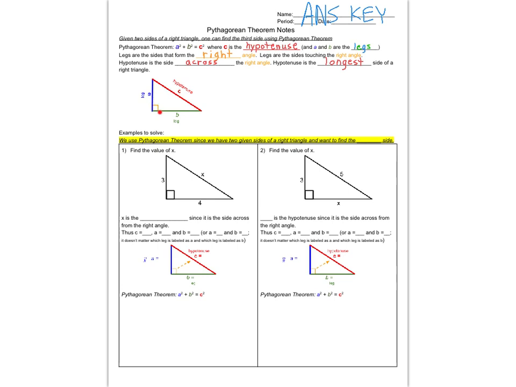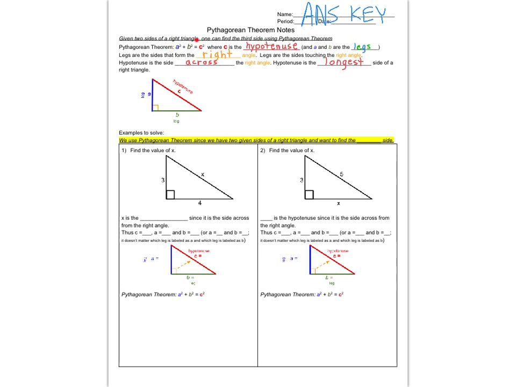If you take 180 minus the 90, then you see that these two together have to be a 90 in total. That means that the largest angle possible is the right angle. Because it's the largest angle, across from the largest angle is always the largest side. That's why the hypotenuse is always the longest side of a right triangle.